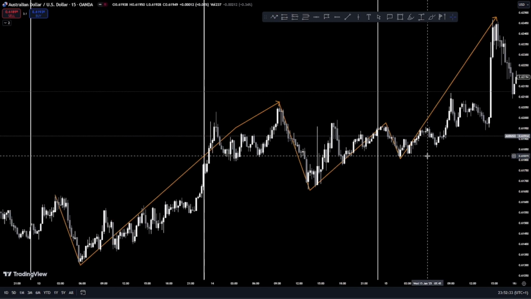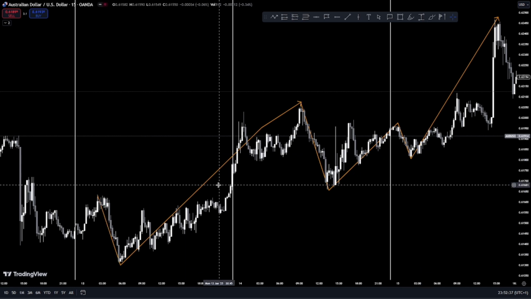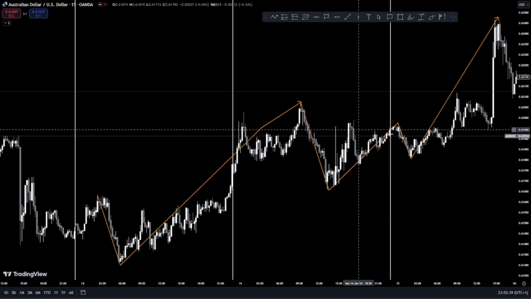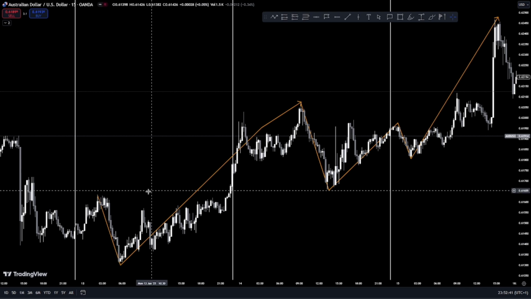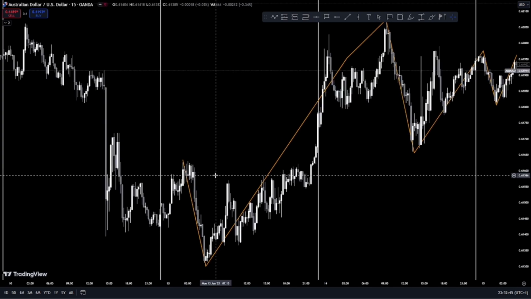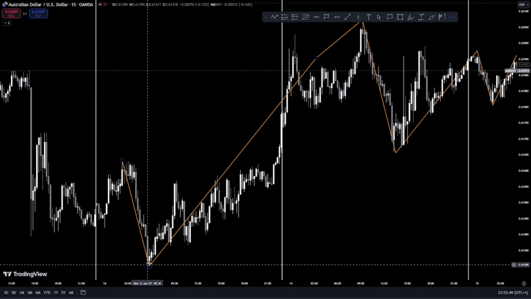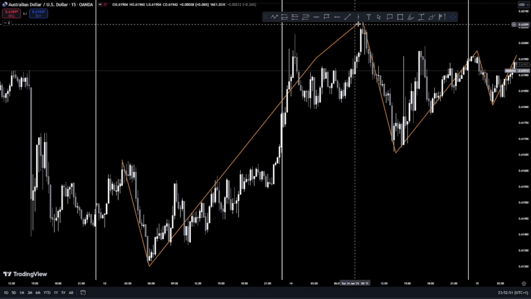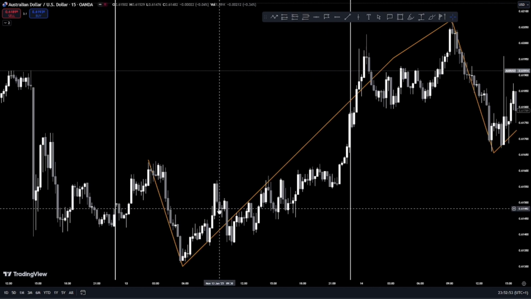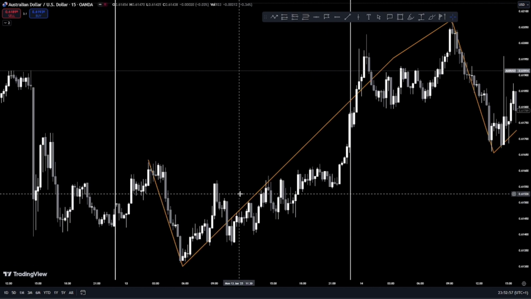Now, see how we are able to filter out the noise by following the daily pattern and the daily price action. But inside of, you see, just this low here to that high there, you can count how many wrong structures, how many losses you would have taken.